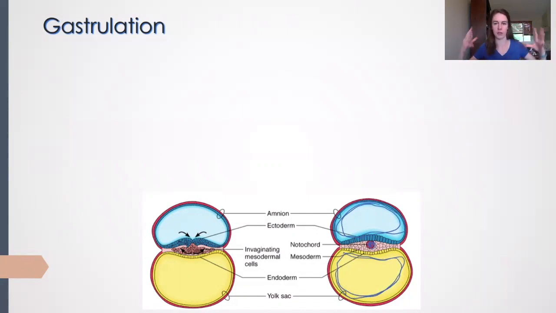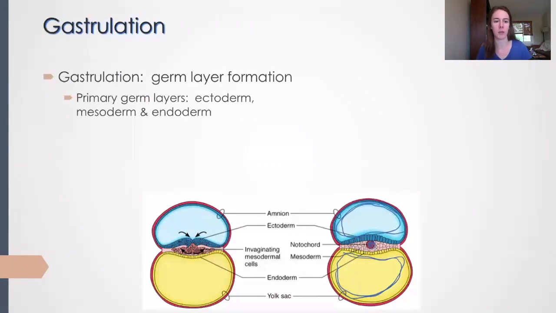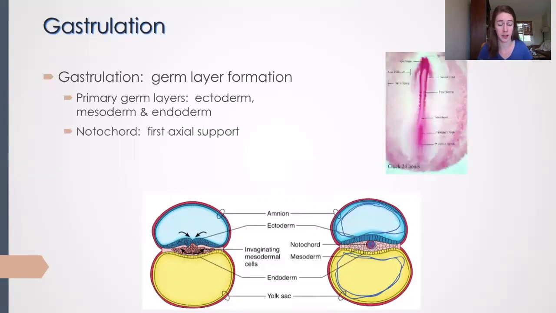The amnion will surround everything, all of these 3 germ layers. But gastrulation is just the formation of these 3 individual germ layers: the ectoderm, the mesoderm, and the endoderm. The notochord is that first little bit of the mesoderm that is going to form to just tell us which way is up, which way is the brain, and which way is the tail, essentially.